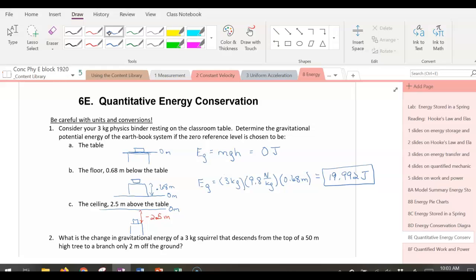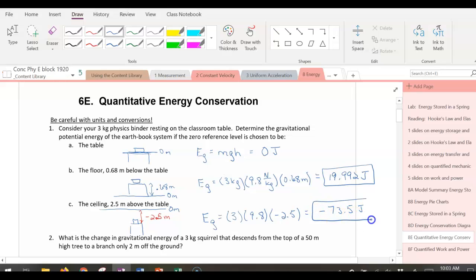It's below our zero reference point. So here the gravitational potential energy would be its weight, which is 3 times 9.8, times its height, which would be negative 2.5 meters. And we get negative 73.5 joules.